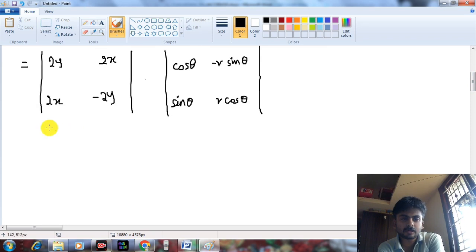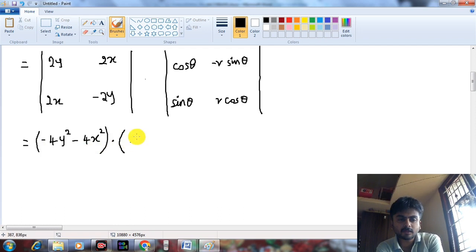So here we have 2 into minus 2 is minus 4, so minus 4y square, then minus 4x square, into, here we have r cos square theta, then plus r sin square theta.